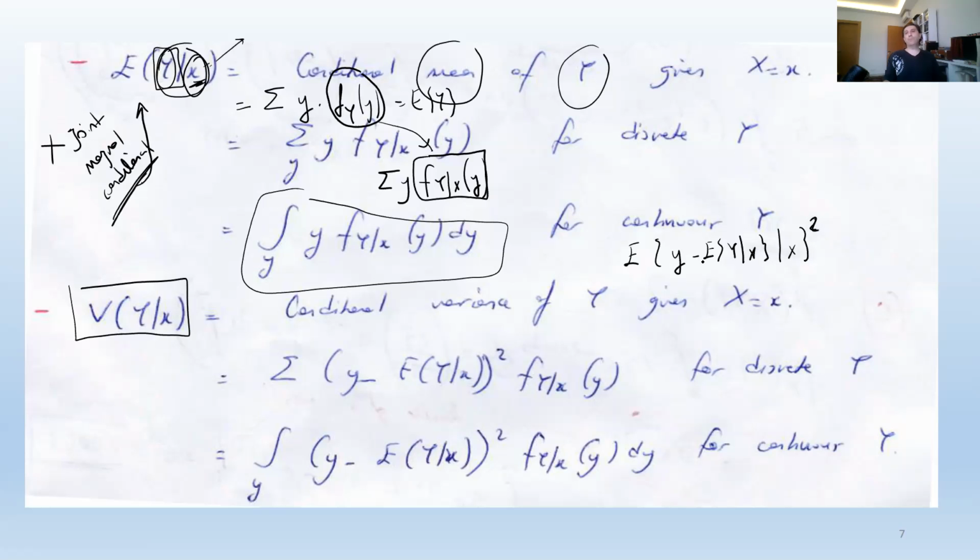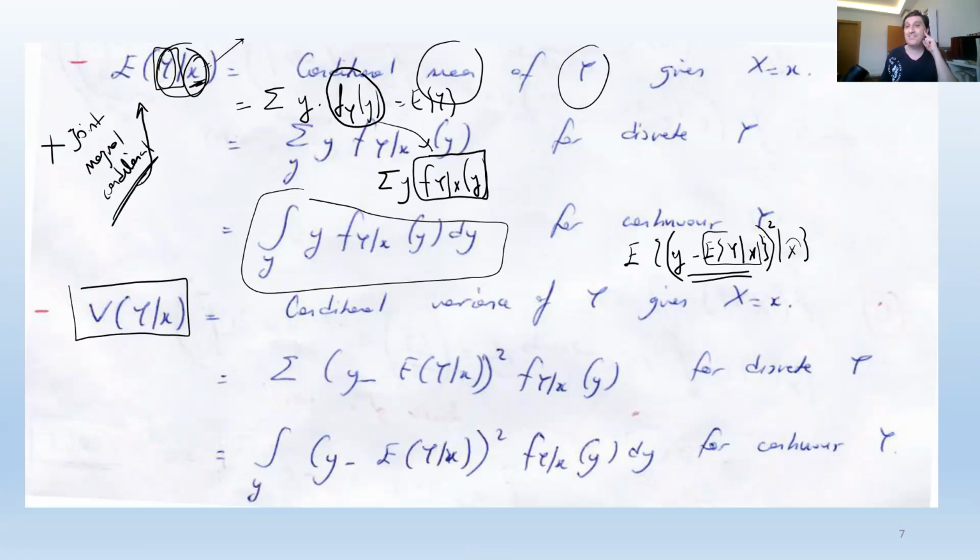Maybe this is a bit of a complicated representation, but it is exactly what we are doing here. We compute the expected value of this squared quantity given x. And what is that quantity? The expected value of y given x.